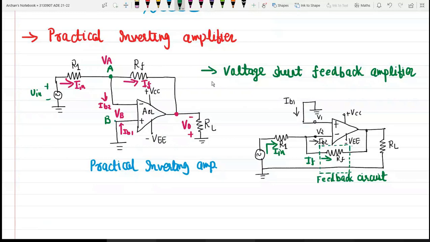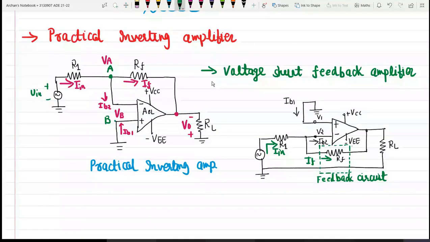With this, let us try to derive the expressions for voltage gain, input resistance, output resistance, and bandwidth for this practical inverting amplifier circuit. It will also explain the effect of negative feedback on various operational amplifier parameters.